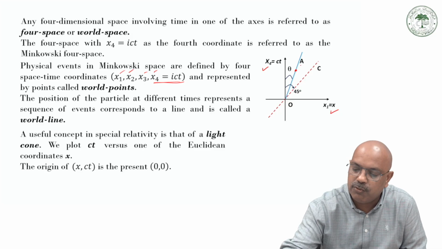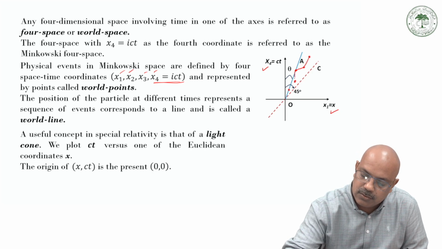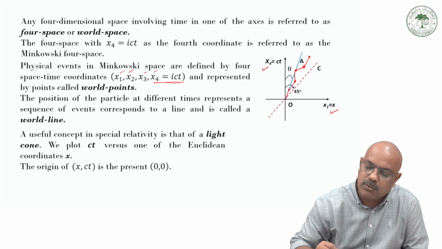If this point moves from here to here and then here, and I join these points, this is known as the world line.